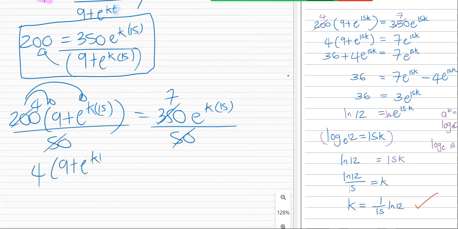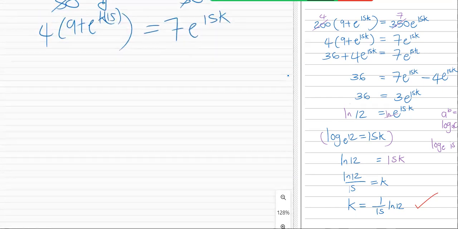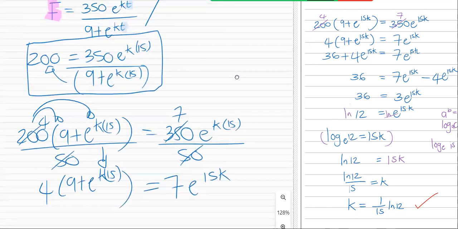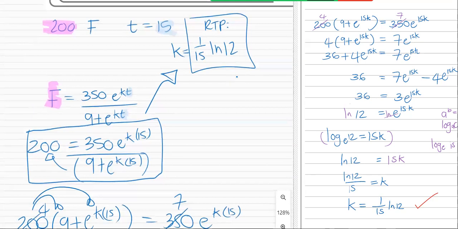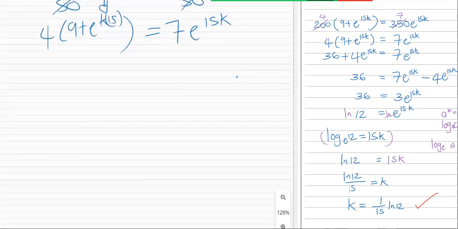So now we have 4 times 9 plus e^(15k). I'm leaving it in this form just for the way that it looks. Okay, so 7e^(15k), and this is how you should write it. This way that I write it is just for teaching purposes, to show that it follows through, but actually you should put that 15 first. So we're still going, we remember that we want to make it look like this, 1/15 ln 12. So we still got quite a way to go.